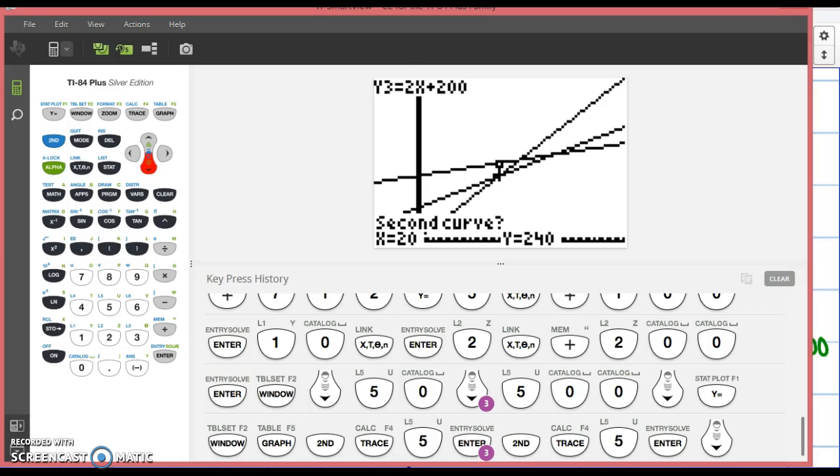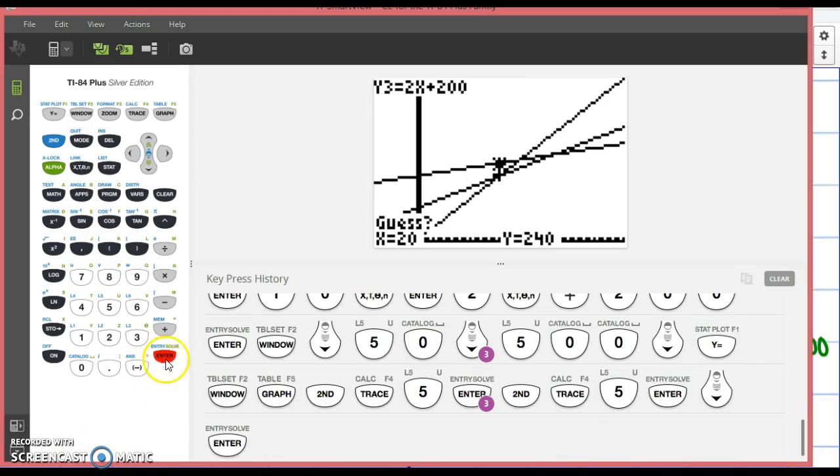That's the third curve. That's the one I want. I want an intersection between the first curve, which I already hit enter on, and the third curve. Enter. Yes, hit enter. So, this point of intersection right there is 33 and a third, and 266 and 2/3.